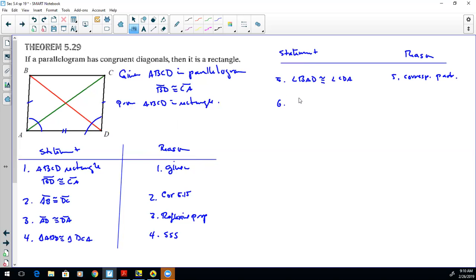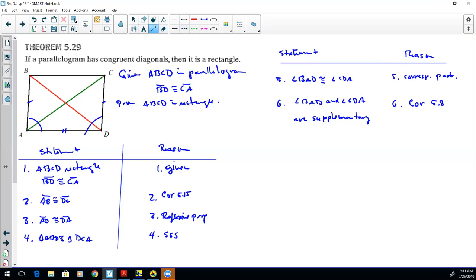Now, not only that they're corresponding parts, but they're supplementary. We used this before. This is corollary 5.8, and that is when you have interior angles on the same side of a transversal.